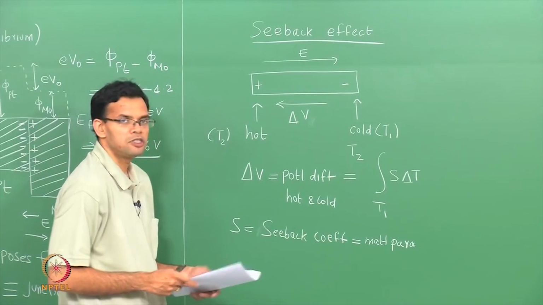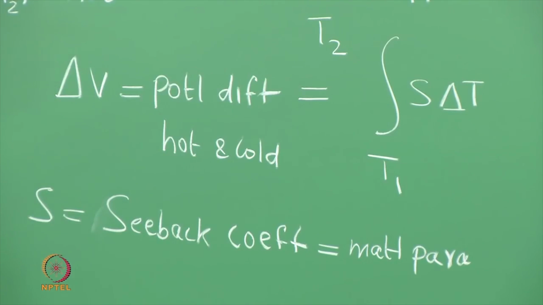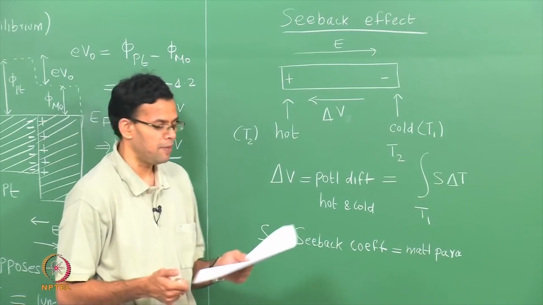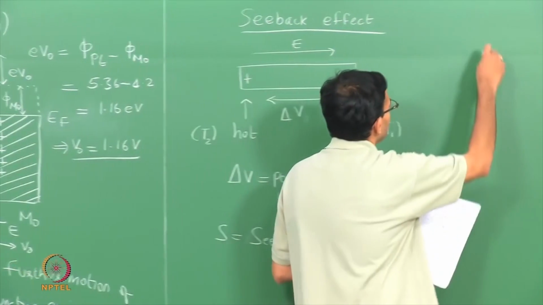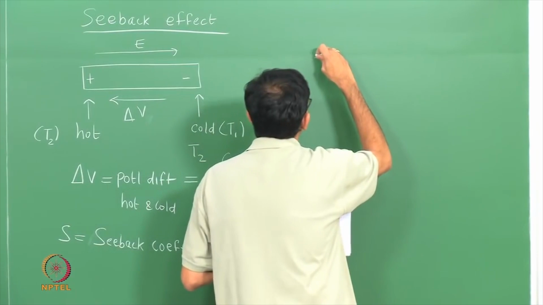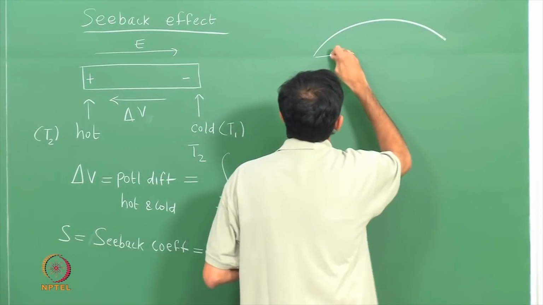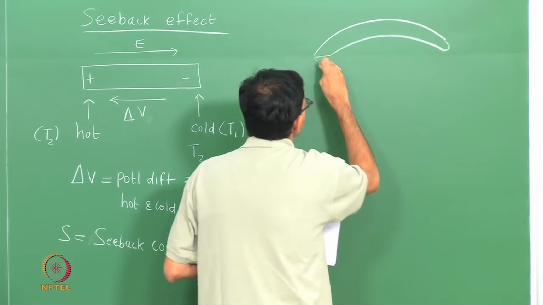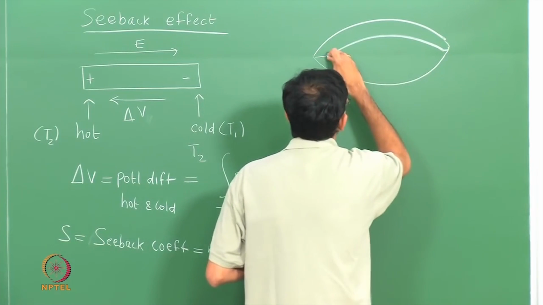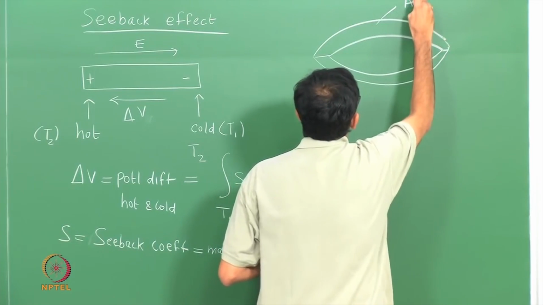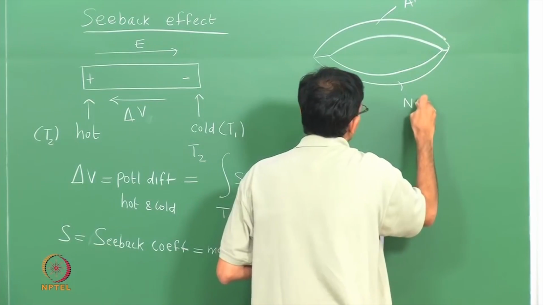So, how do we use this in order to understand thermocouples? In the case of a thermocouple, a junction is formed between two dissimilar metals. I'll give you an example. Consider a junction between aluminum and nickel. So, this material is aluminum and this is nickel.